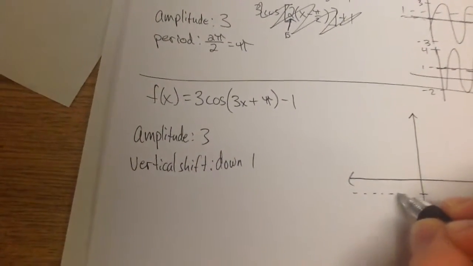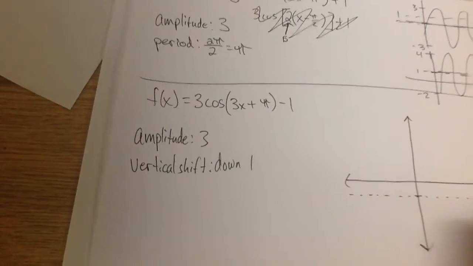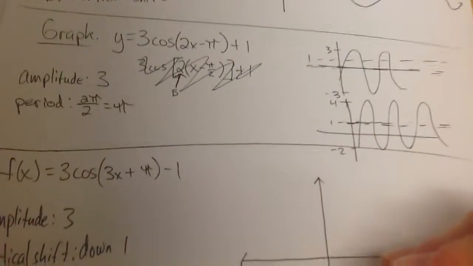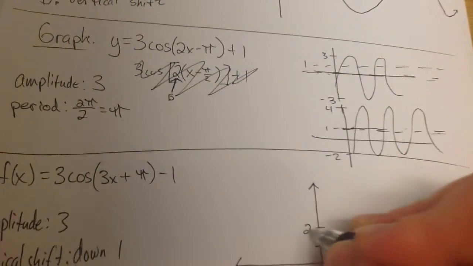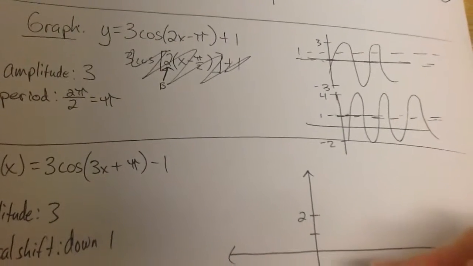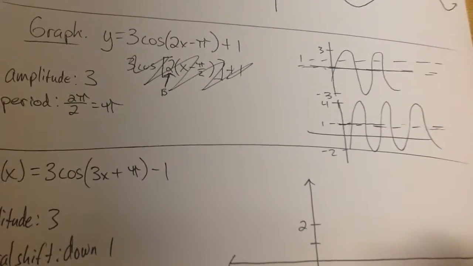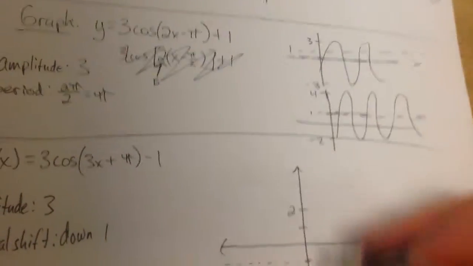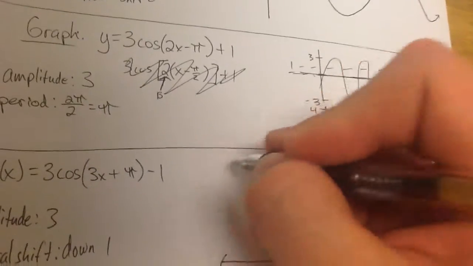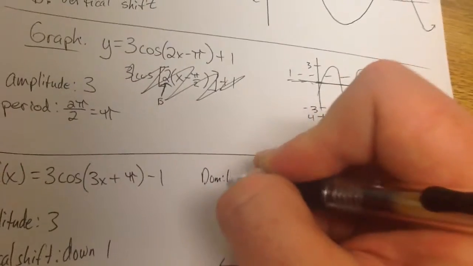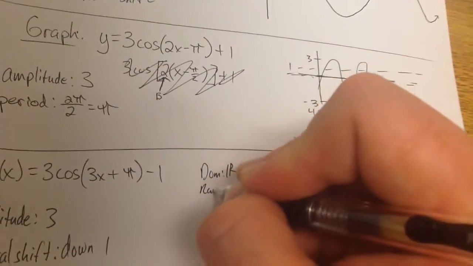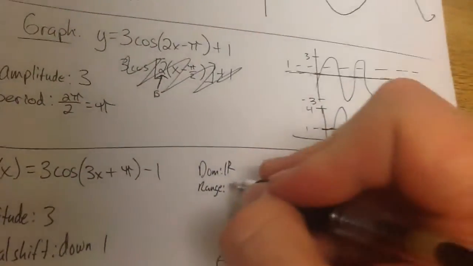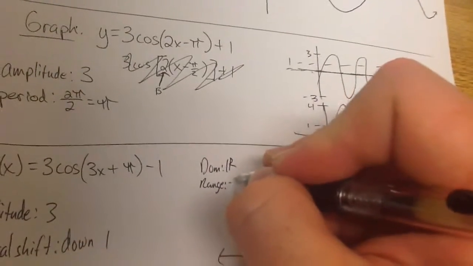I like to put a dotted line here so I know that I'm going to be oscillating around that dotted line. Amplitude's 3, so 1, 2, up at 2, that's going to be my highest, and down 1, 2, 3, down at negative 4, that's going to be my lowest. So there's my range right there. Your domain, of course, is all real numbers, and your range is from negative 4 up to 2.